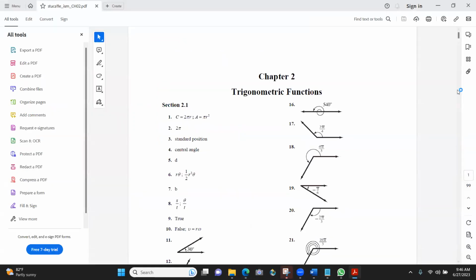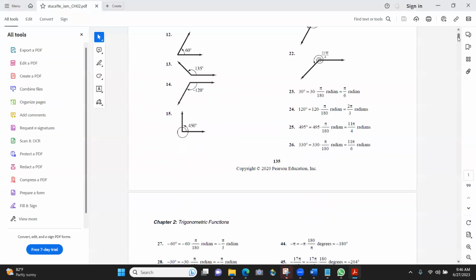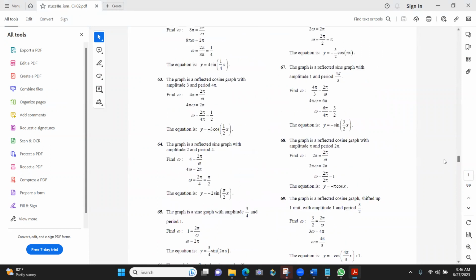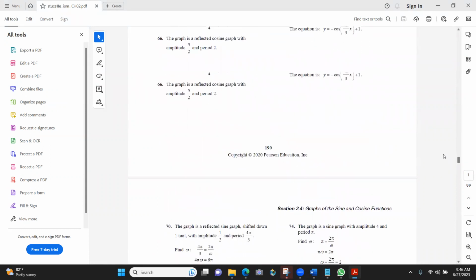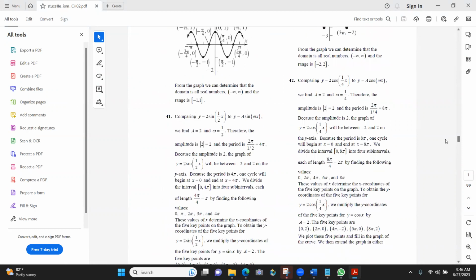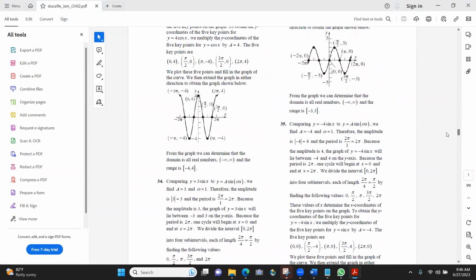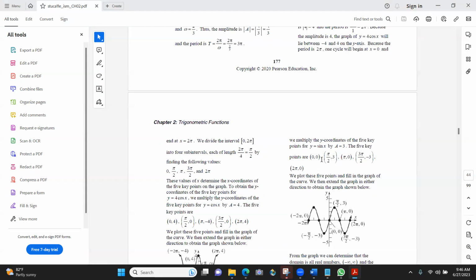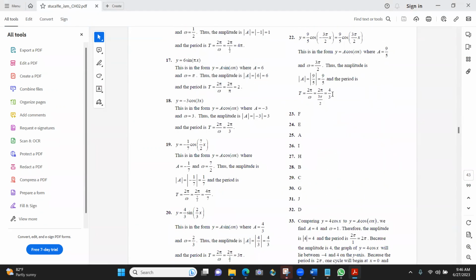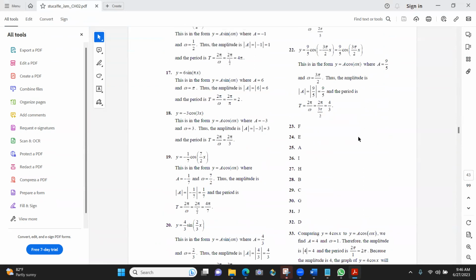Let's see if I messed up. 2.4 number 22. Very easy to mess up. 4 over 3, 9 over 5. At least we got it right.